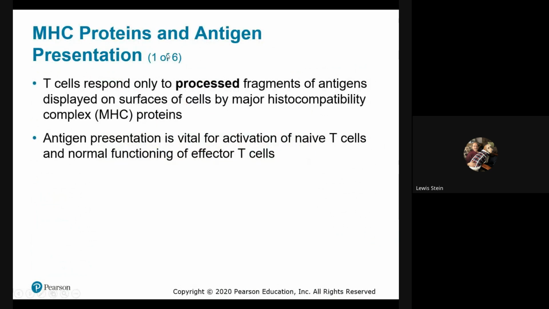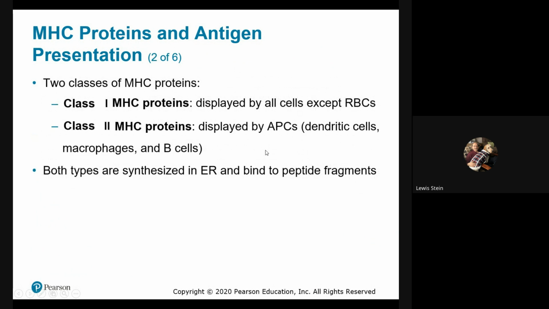So it's only these little fragments of these MHC proteins, relying on antigen presenting cells. Class 1s are all cells, and RBCs don't count, they don't have a nucleus, they're really just matured and adapted for oxygen. We talked about class 2, displayed by APCs: dendritic cells, macrophages, and B cells.